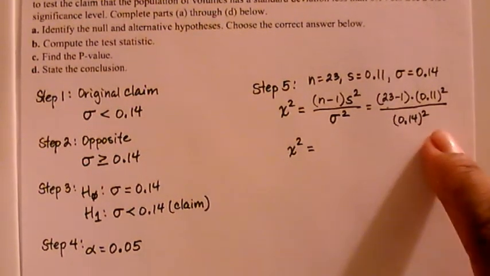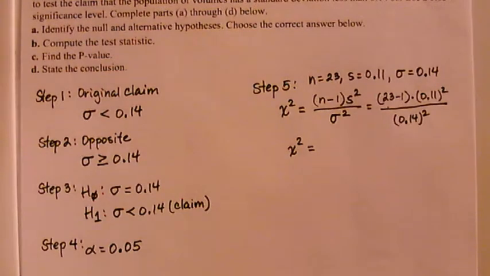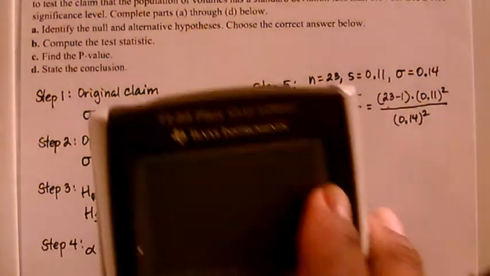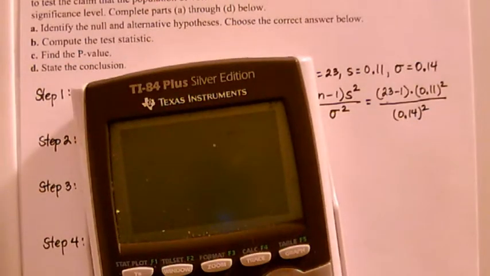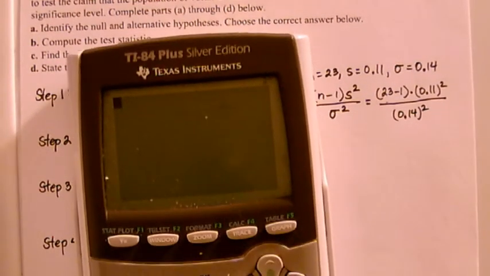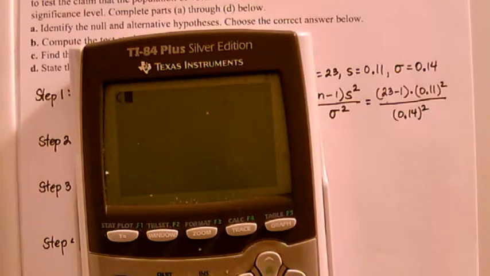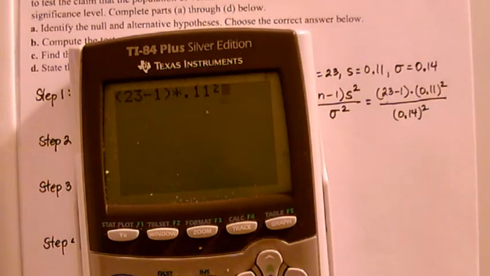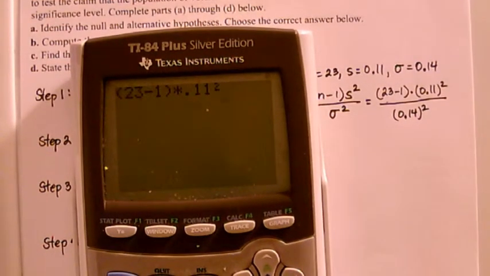Okay, and then we can type all of this into our graphing calculator. So in this case here, I'm going to type in left parentheses 23 minus 1 times 0.11, and then hit x squared to square it, divided by 0.14, then hit x squared again to square that 0.14, and then hit enter to get your answer.